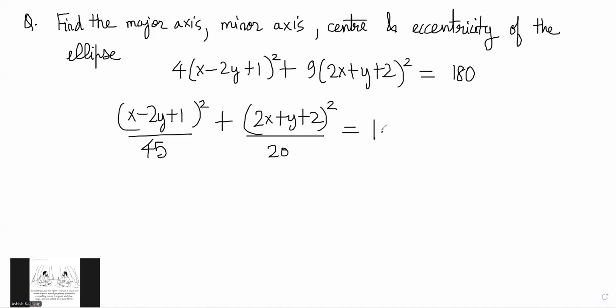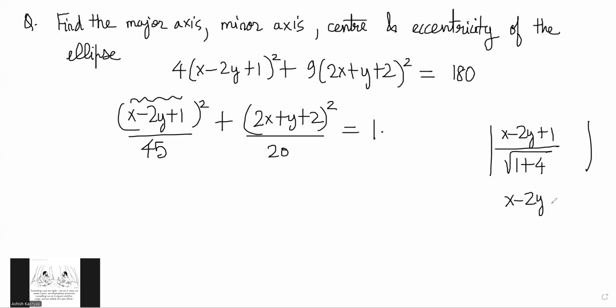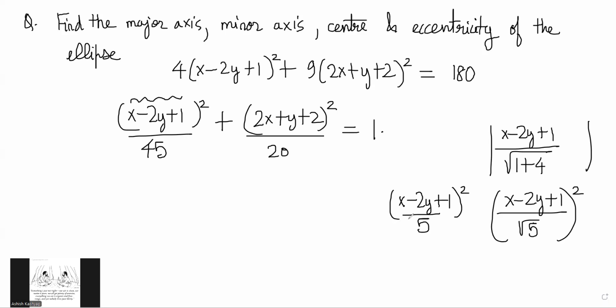Now, if you think about perpendicular distance from some point to a line like x minus 2y plus 1, the distance would have been (x minus 2y plus 1) by root over 1 plus 4. This would be the perpendicular distance. So you would get a root 5 here, right? So if I square it, I would get (x minus 2y plus 1) whole square by 5, right? So notice (x minus 2y plus 1) whole square by 5.